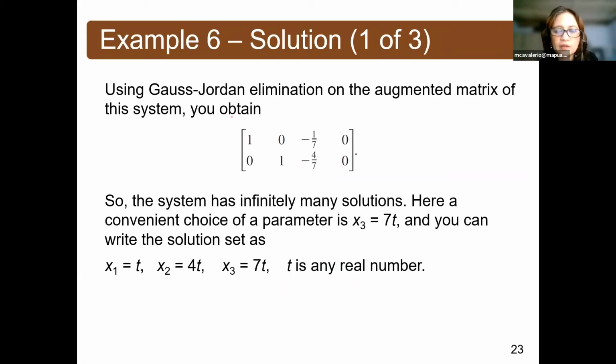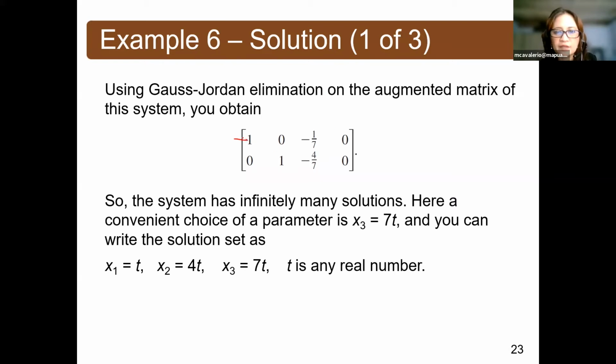Now, when we have the augmented matrix, recall that we will have the 3 columns here indicating the coefficients for the unknowns x sub 1, x sub 2, and x sub 3, whereas the last column represents the constants in the system of equations. Now we can perform our Gauss-Jordan elimination on the augmented matrix so that the reduced row echelon form is this.